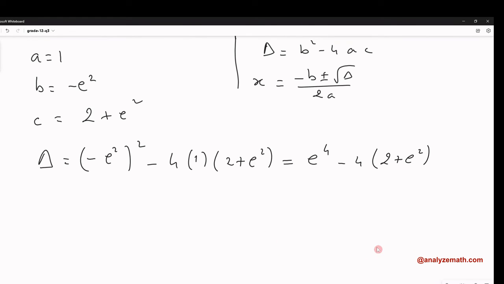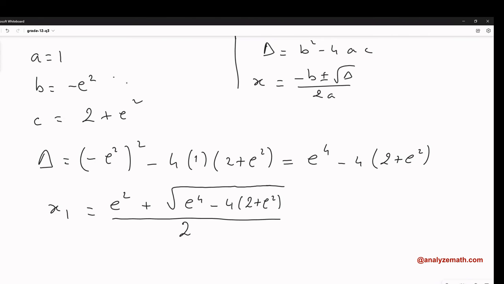Now let's find the solutions. Let's separate the solutions. For x1 we go minus b. This is b here, so minus b gives me e², plus the square root of the discriminant, e⁴ − 4(2 + e²), over 2.